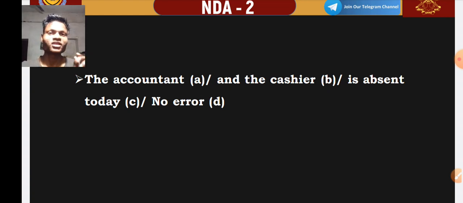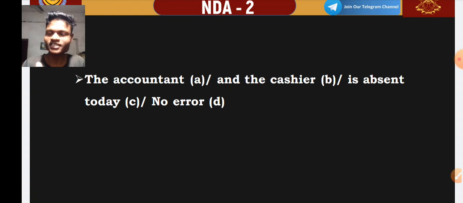And when two subjects connected by and each contain their own article, then we have to use a plural verb instead of a singular verb. By this concept, this question is going to be very easy.